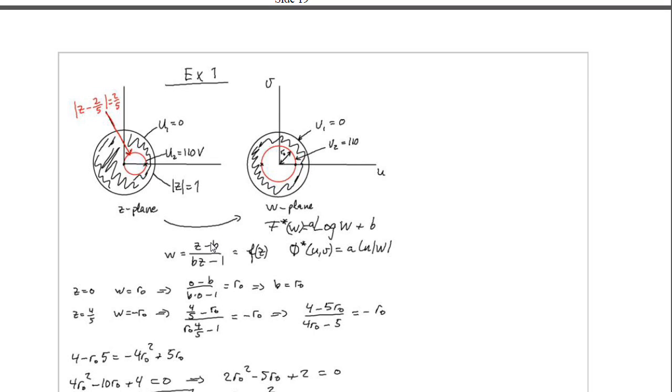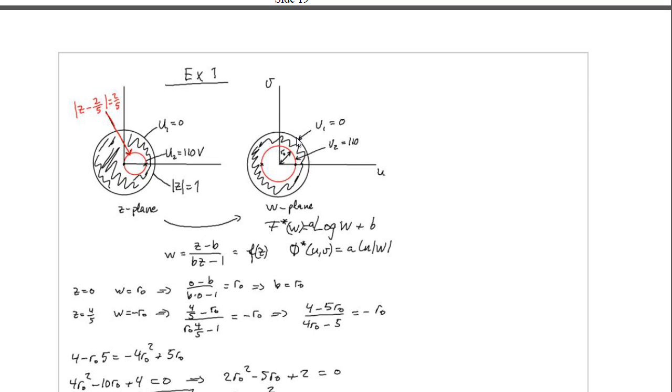And by using this, we can find the radius of this circle, which is called R0, and we also can find the value of b. So then we know this conformal mapping, transforming this complicated region D onto this more symmetric region D star, where we can find the solution.